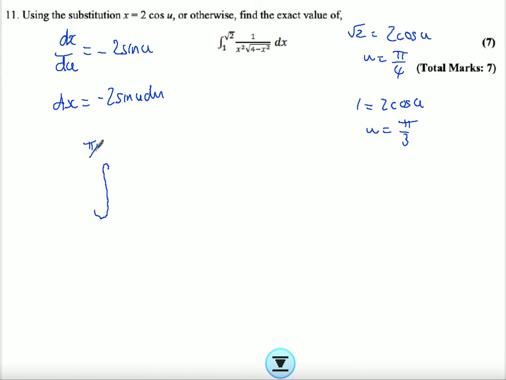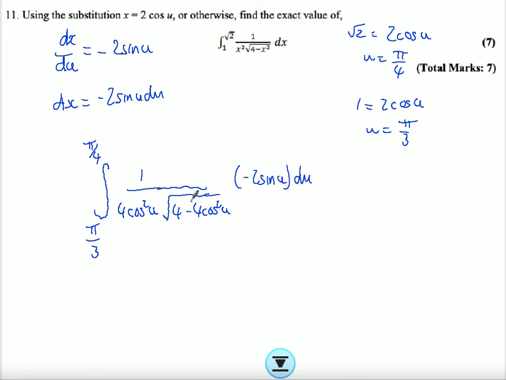It's going to be pi over 4, pi over 3, and it's going to be 1 over 4 cos squared u, square root 4 subtract 4 cos squared u, multiplied by negative 2 sine u du.